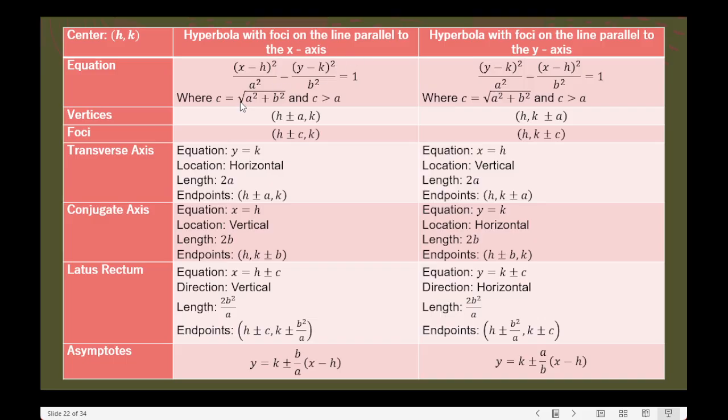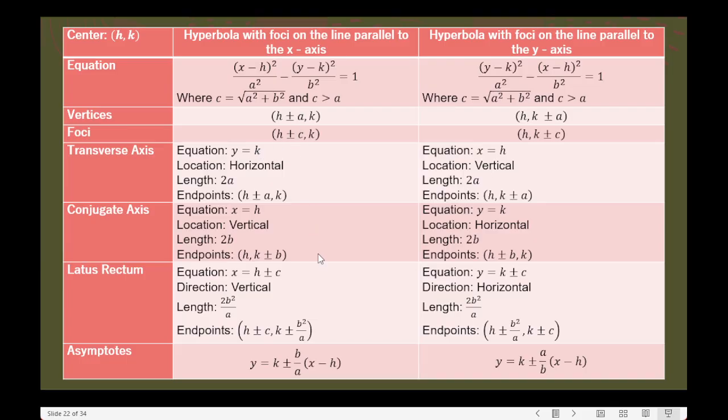So basically, it is the same as the previous presentation. The only difference is their center. The first one are the properties of the graph of hyperbola whose center is at point 0, 0. While here, the center is at point HK, meaning the center of the hyperbola can now be found anywhere on the Cartesian plane, other than the point of origin.